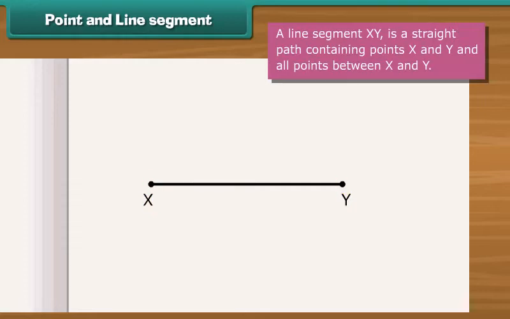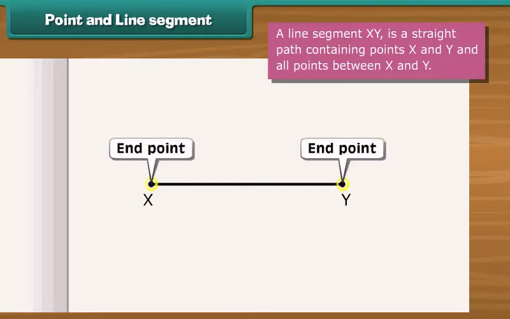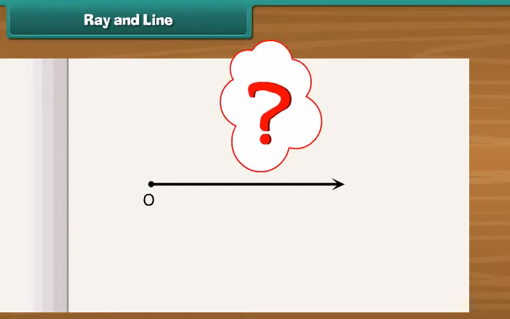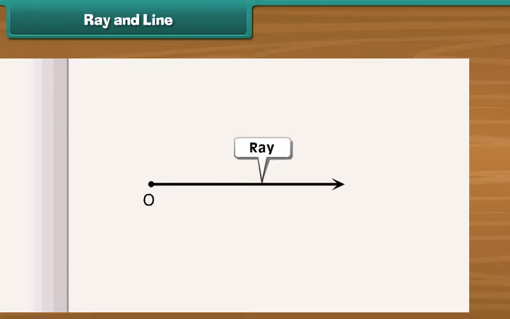The points X and Y are endpoints. What will you call this? It has one endpoint. On its other end, there is an arrowhead. This implies that it can be extended in the direction of the arrowhead. This is called a ray.